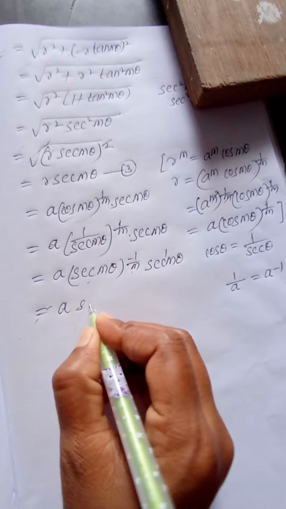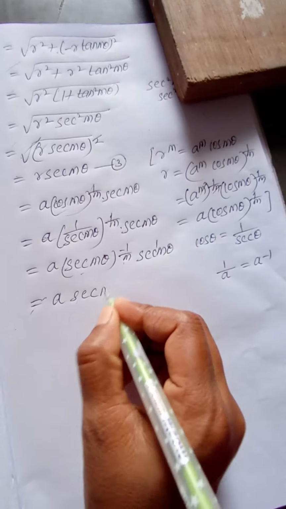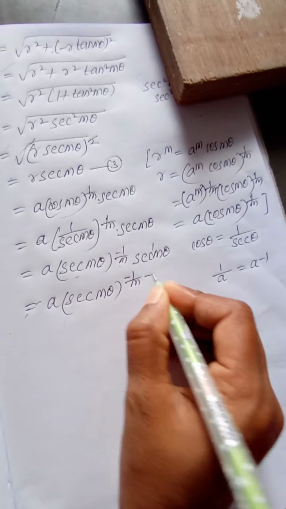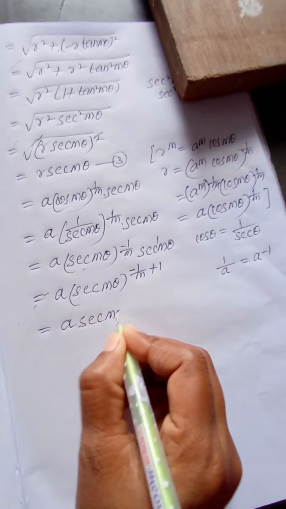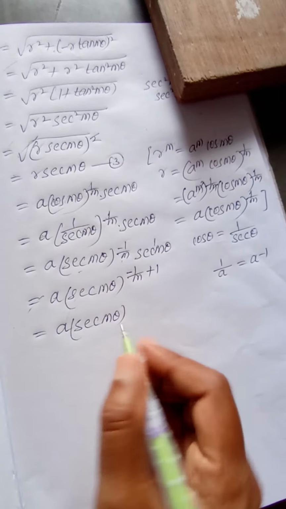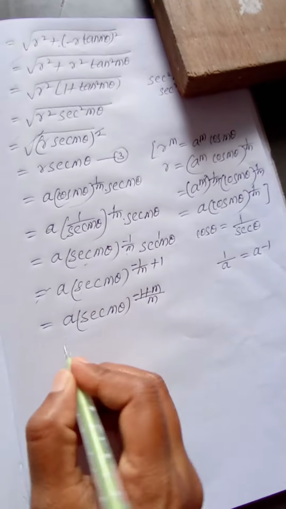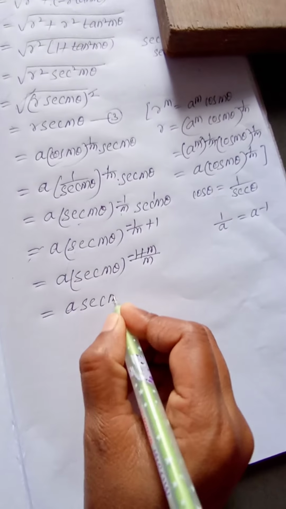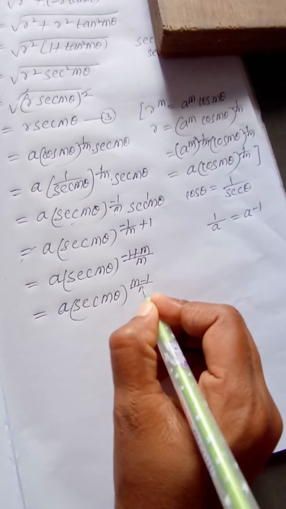So secant m theta whole to the power of minus 1 by m plus 1, that equals a into secant m theta. Here the LCM is m, so minus 1 plus m by m. So this is written as a into secant m theta whole to the power of m minus 1 by m.